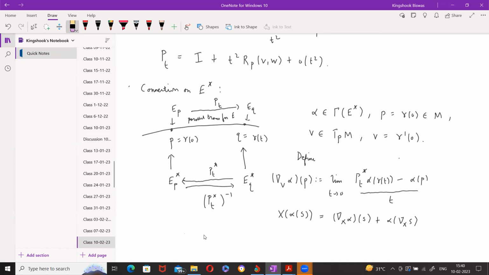But anyway, the point is that the connection you can define using the duals of the parallel transport. I mean, that's one way to see it easily.